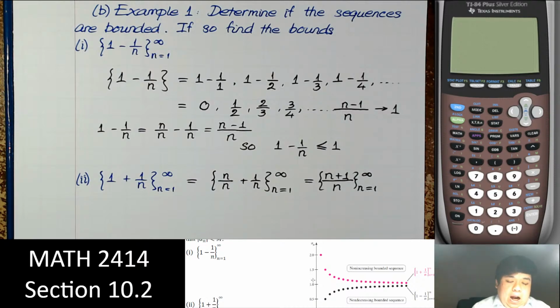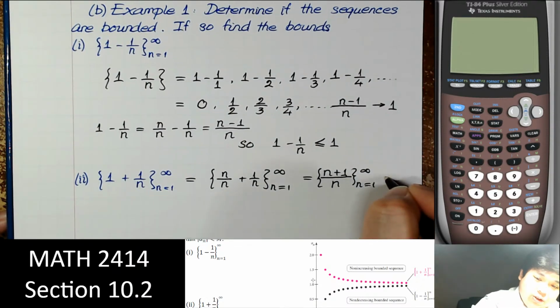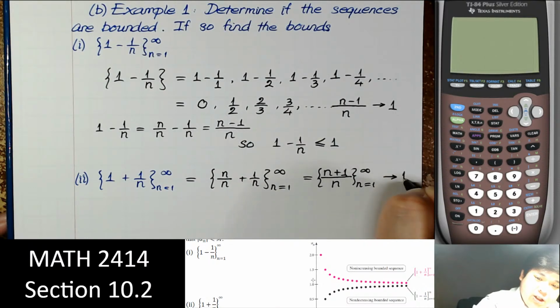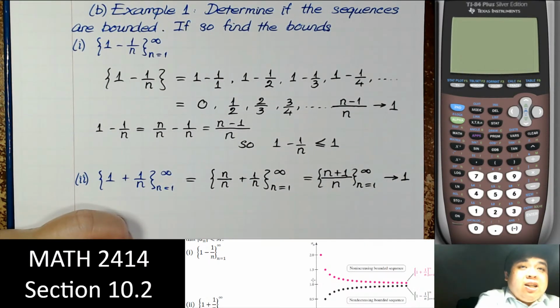Of course, when we take n goes to infinity, this one goes to 1 as well. So this sequence goes to 1. But in this case, is 1 the upper bound or the lower bound? Think about this.